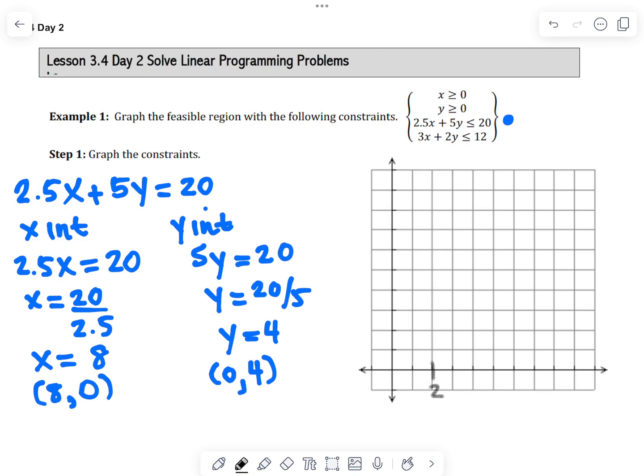So I'm going to make this 2 units, 4, 6, 8, 2, 4, 6, 8. So x-intercept of 8, 0, y-intercept of 0, 4.